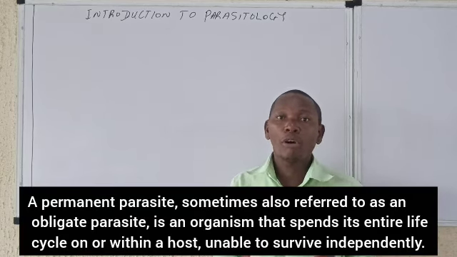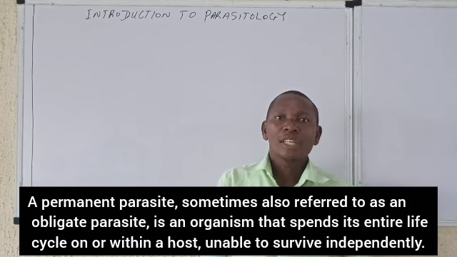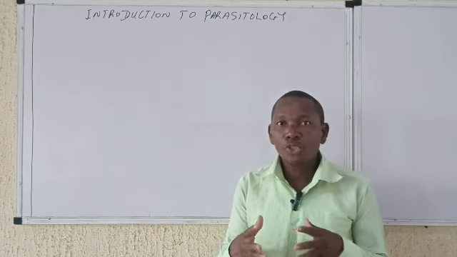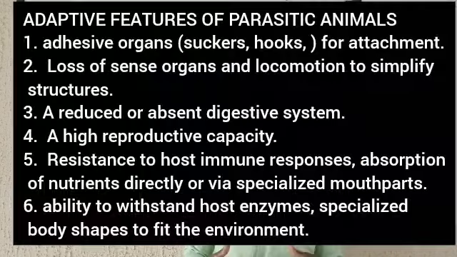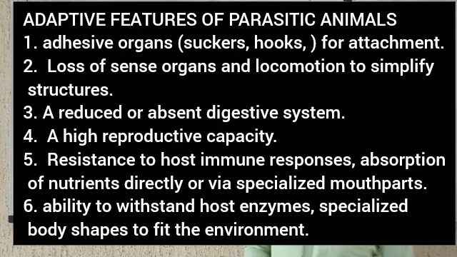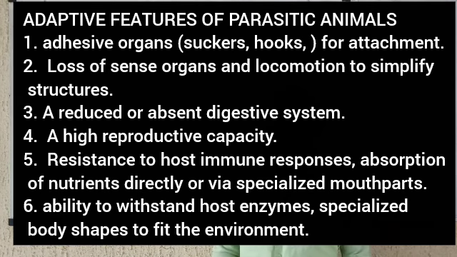Now, let's discuss some of the adaptations of these parasites to living a parasitic life. The adaptations of parasites to their hosts include the fact that they possess adhesive or attachment organs. They have various organs for attaching to the body of their host. If they don't attach, definitely they will fall off and lose their host.